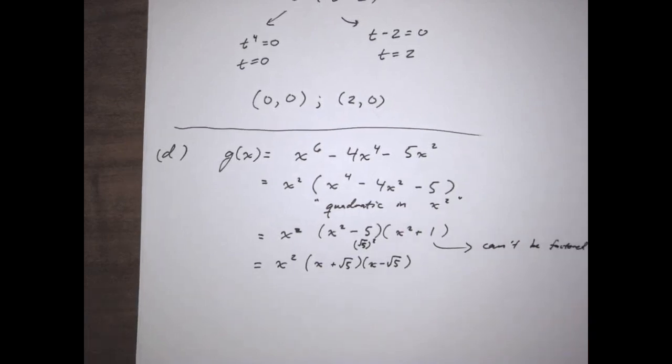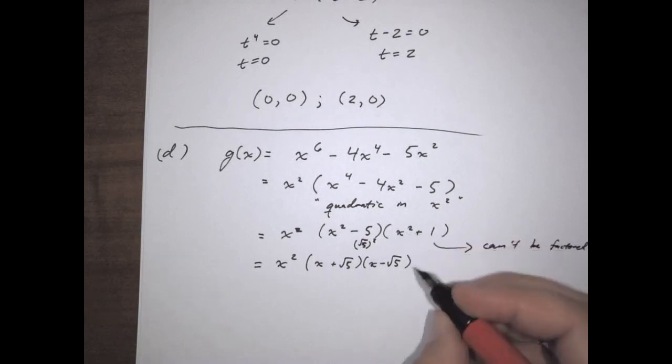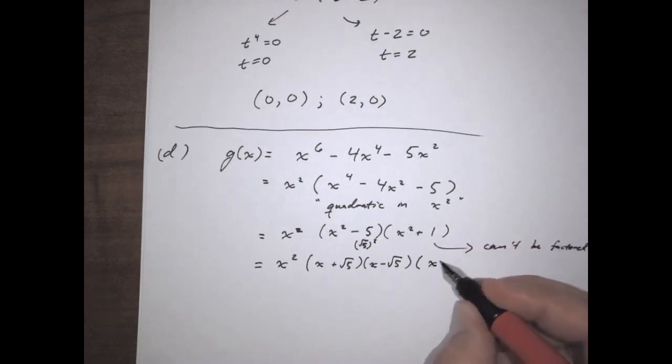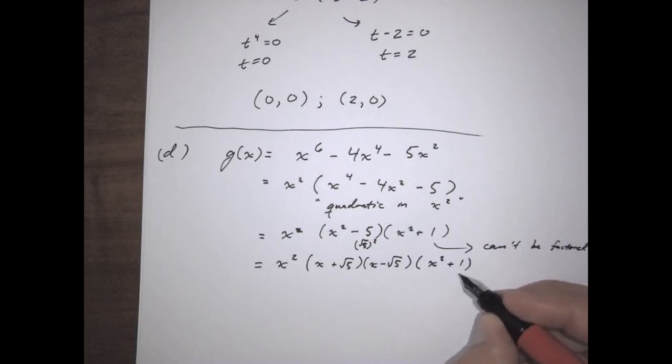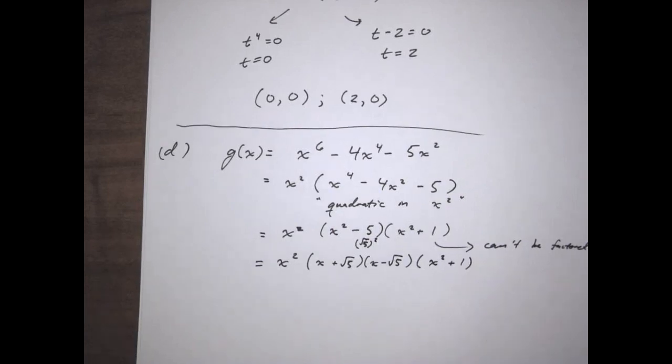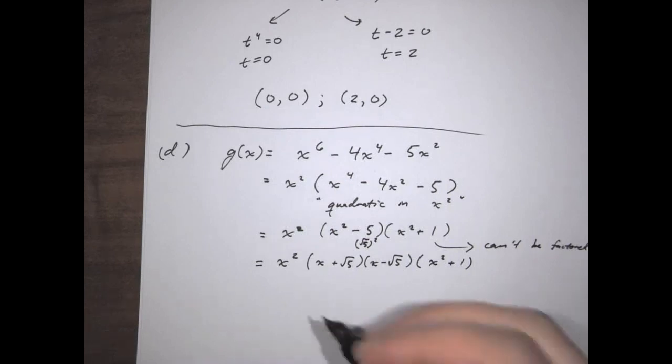The reason is because we have a sum of two squares, and there's no way of making the middle terms disappear in that case. If it's a difference of two squares, then when you FOIL it all out, the middle terms cancel each other out. But if it's a sum of two squares, that doesn't work.